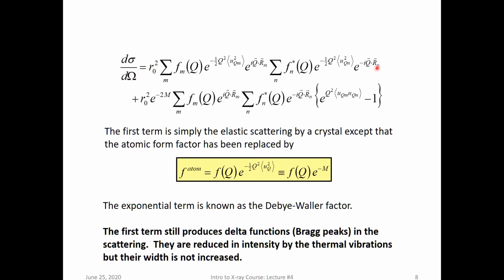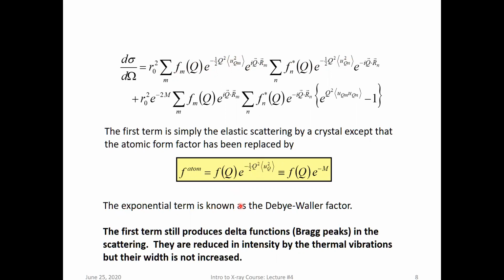If you look back to your notes for the scattering cross section, here's the units. Here is my Fourier transform of the charge. The only difference is that there's an extra little factor here, this Gaussian thing, which just decreases the amplitude of the term. So all of this stuff will still give me all of the Bragg peaks, except that I have to replace my atomic structure factor by the original one times this new decrement.